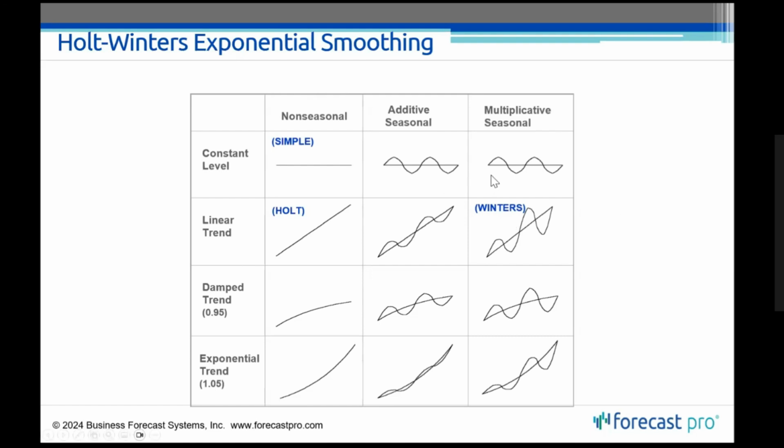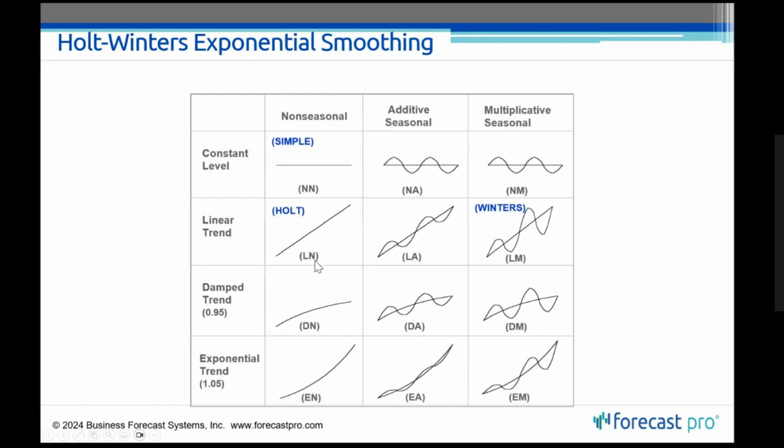What about the other models? Okay, we've got 12. How do we identify them? In the literature and in software, when these models are supported, people often use two letters to describe which model they're using. The first letter is for what type of trend: N for not trended, L for linear trend, D for damped trend, E for exponential trend.